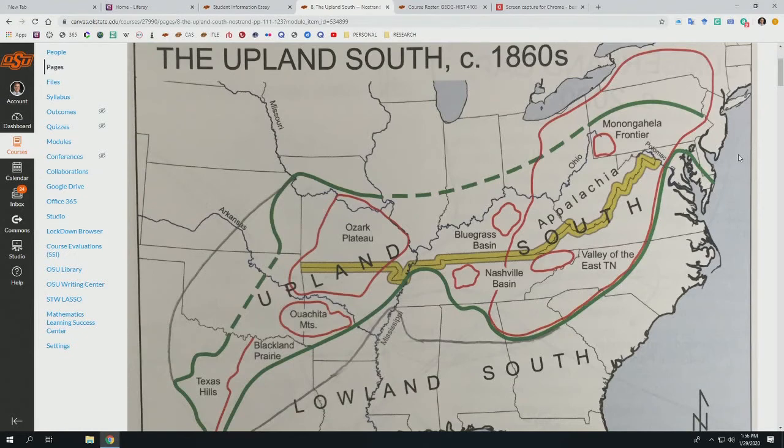And then Crockett settles at various places, eventually makes it over here to what we would call Middle Tennessee, just north of the Alabama line, where he gets most of his political experience as a member of the Tennessee legislature, and then eventually as a United States congressman, right?